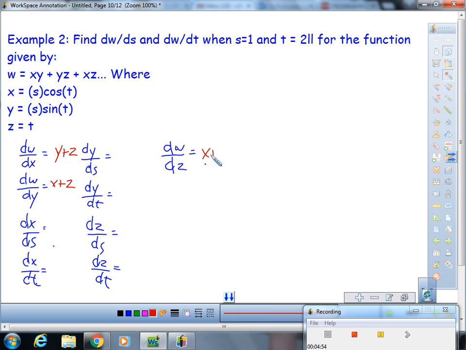Okay, here we go. Back to it. dx ds, cosine t. You guys agree? dx dt, negative s sine of t.